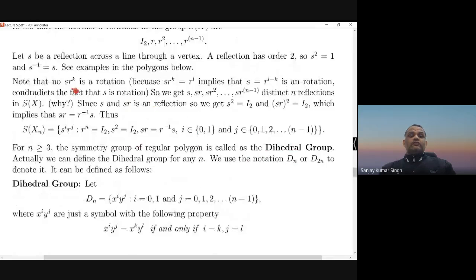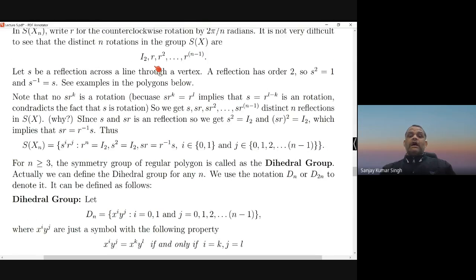So now write down these elements s r^k. Then it is easy to check that s r^k is not a rotation for any k between 1 to n. Why? Suppose it is a rotation, then it can be written as s r^k = r^l, because all rotations are of this type.